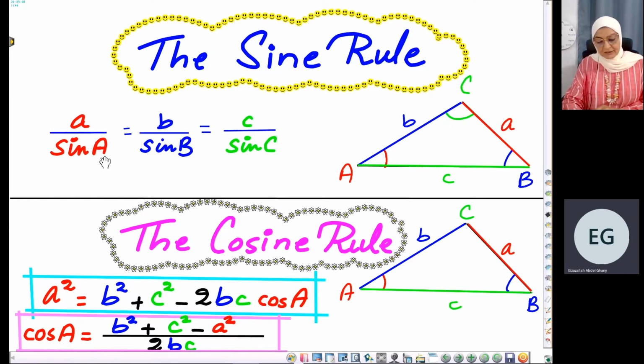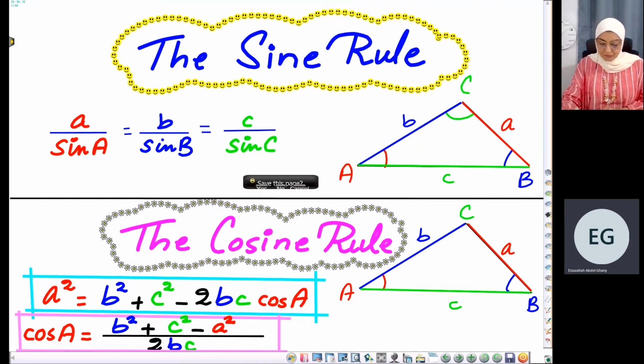You can flip the whole proportion if you wish, like sine over side equals sine over side. Any method you would like, it does not differ, because simply you will need to use cross multiplication to find a missing item. So usually we will deal with two equal ratios having 3 given pieces of information and 1 unknown. It could be a side, it could be an angle.